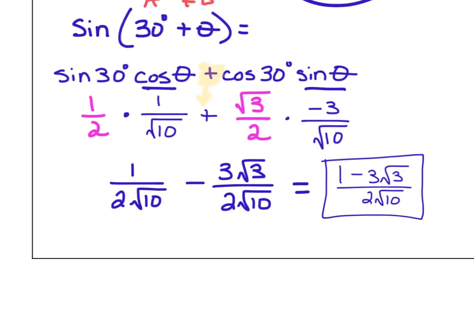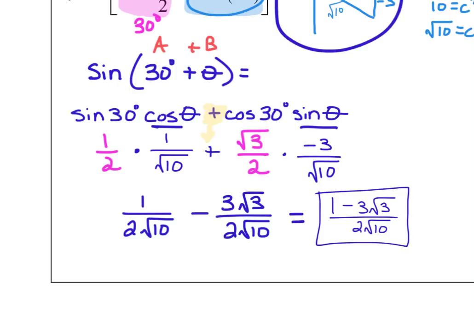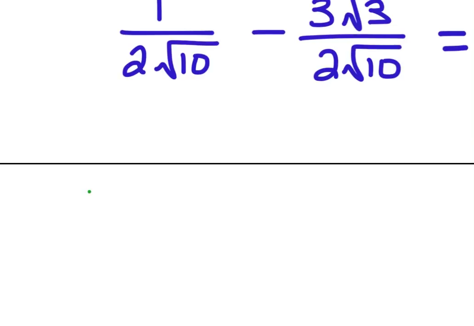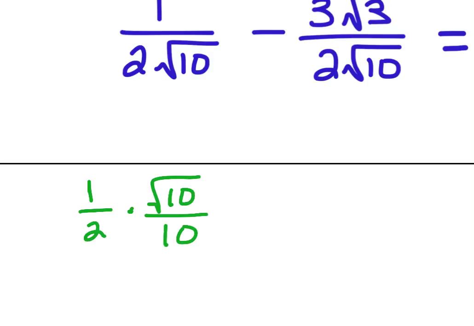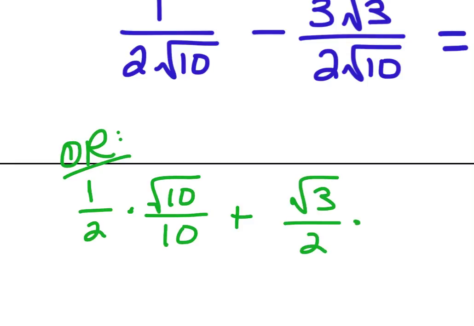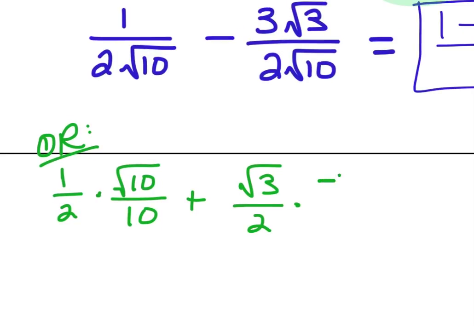Now, just in case you did it where you rationalize the denominators for the cosine and the sine of theta, let me just rework that problem real quick here. So if you rationalize those denominators, you should have 1/2 times radical 10 over 10, plus we had the radical 3 over 2 times negative 3 radical 10 over 10.